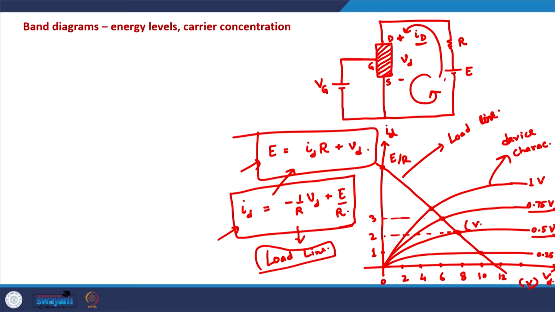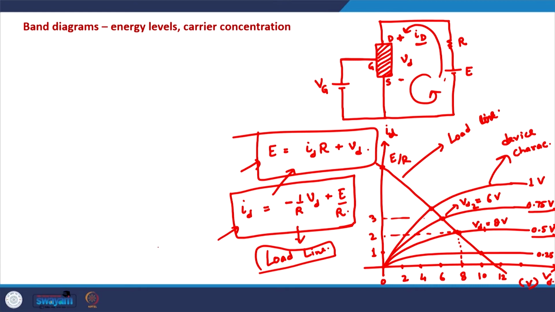Here the VD value is around 8 volts, here the VD value is around 6 volts. So, let us say this is VD1, this is VD2. So, if we are changing the gate voltage from 0.5 volts to 0.75 volts, from this point to this point, it is changing the drain voltage from 8 volts to 6 volts. Okay.